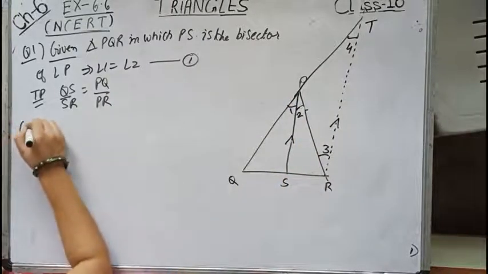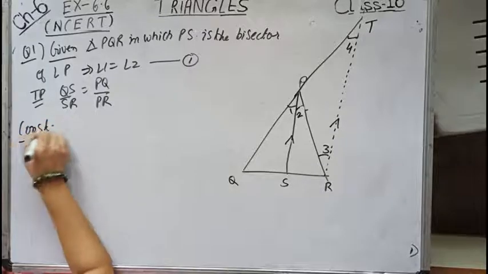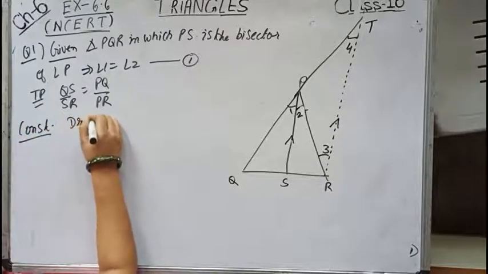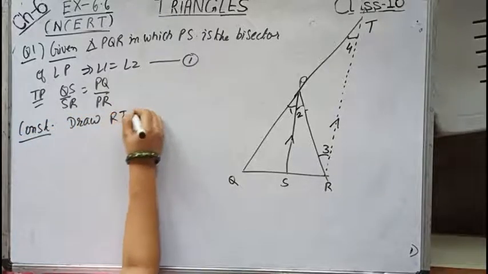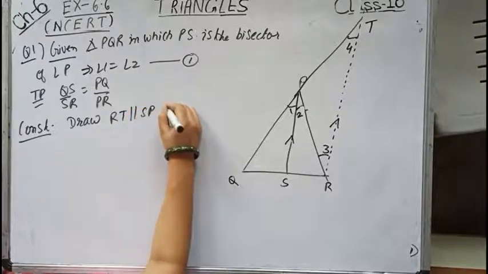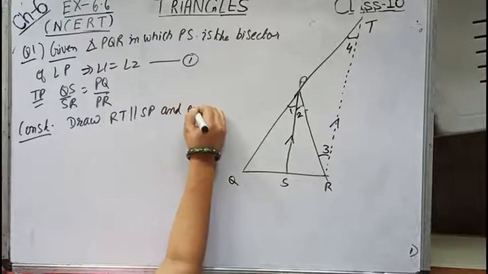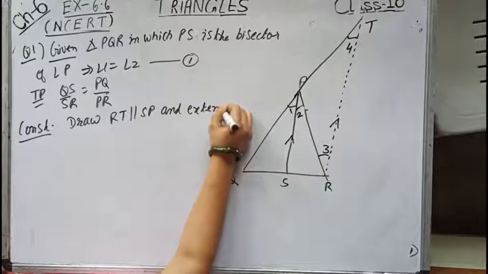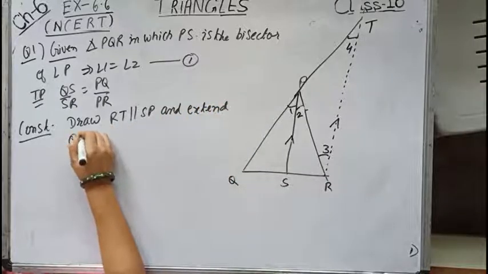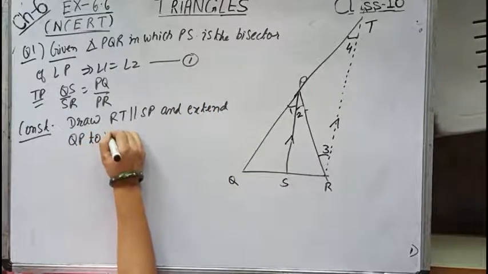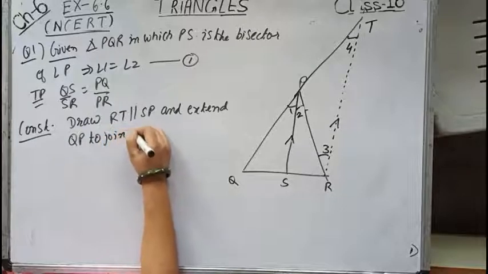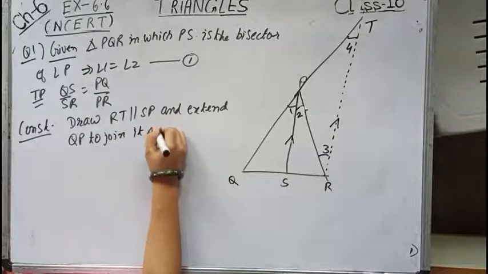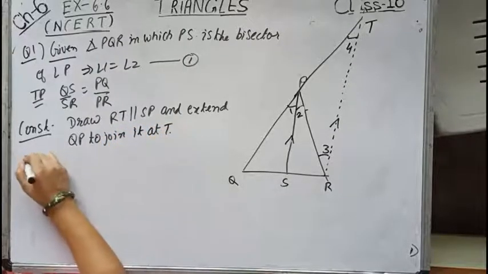So let us write the construction. Draw RT parallel to SP and extend QP to join it at T.